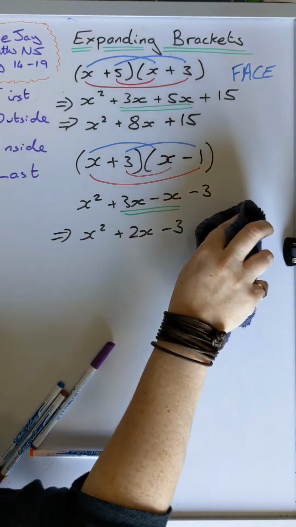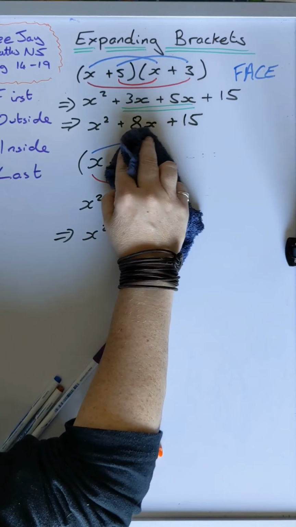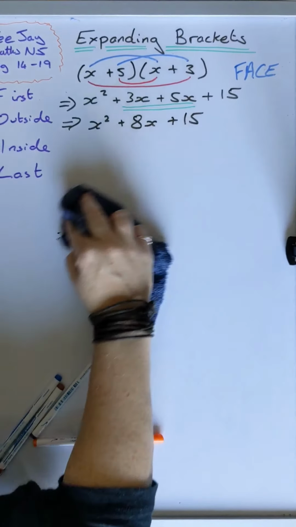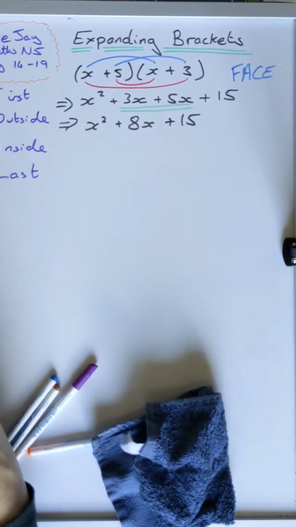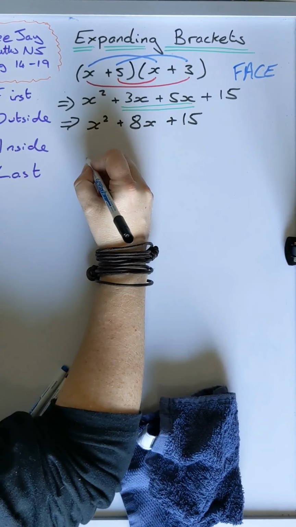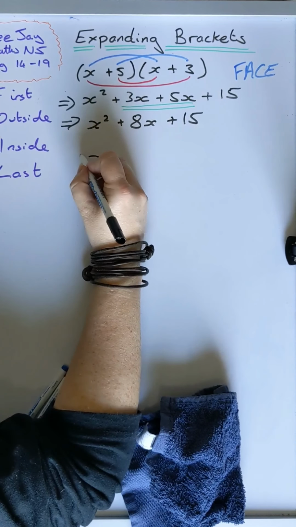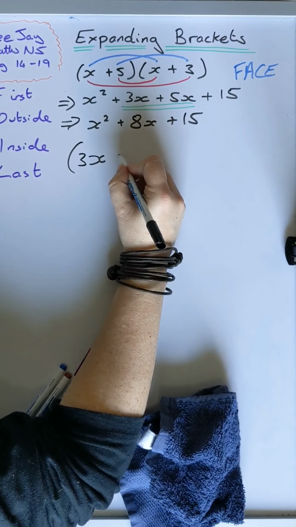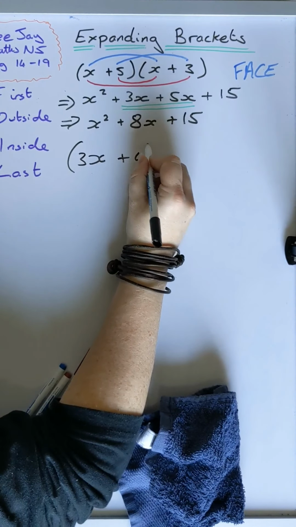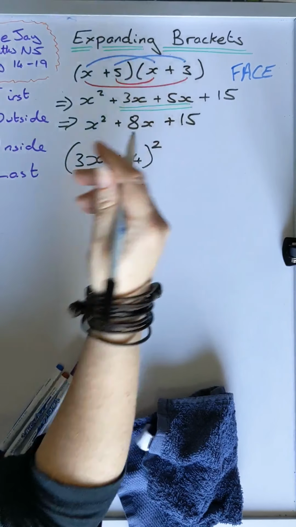I want to show you what happens if you come across one that's a bracket squared. So just for the sake of making it a bit harder, if I have 3x plus 4 all squared.